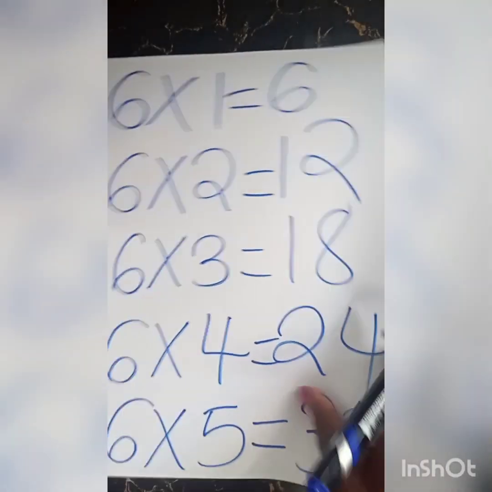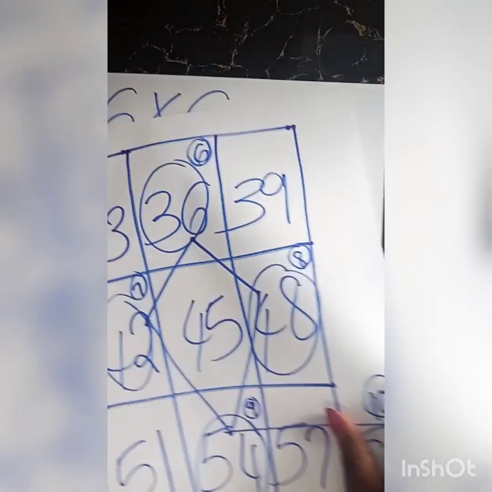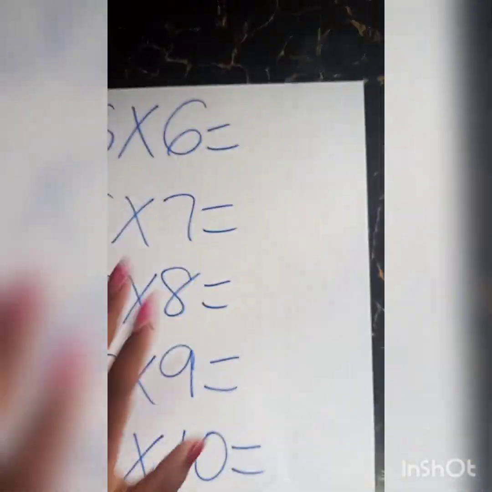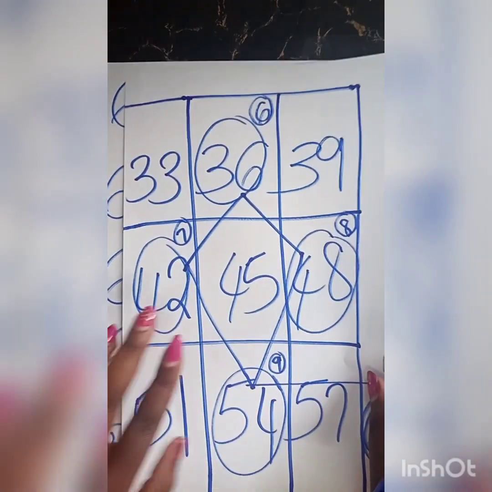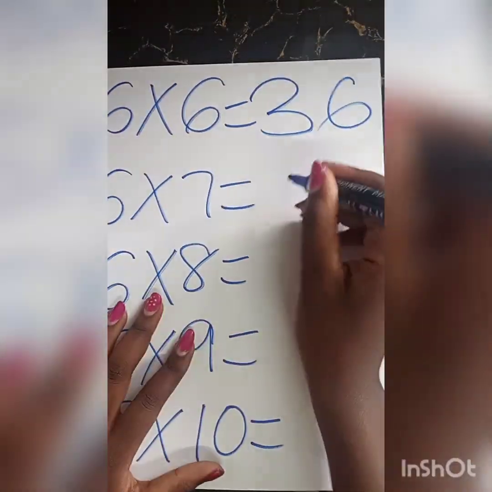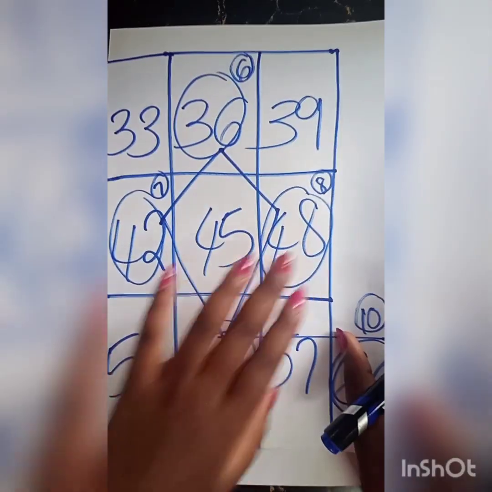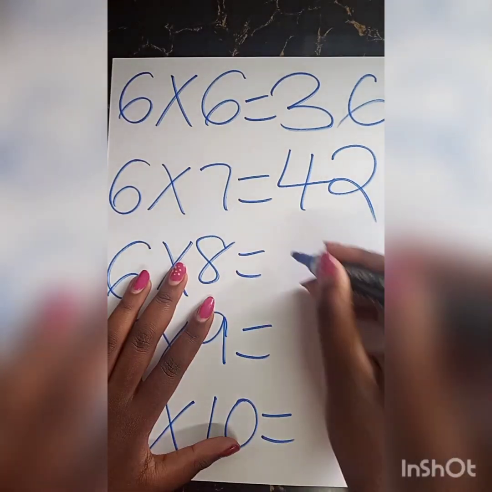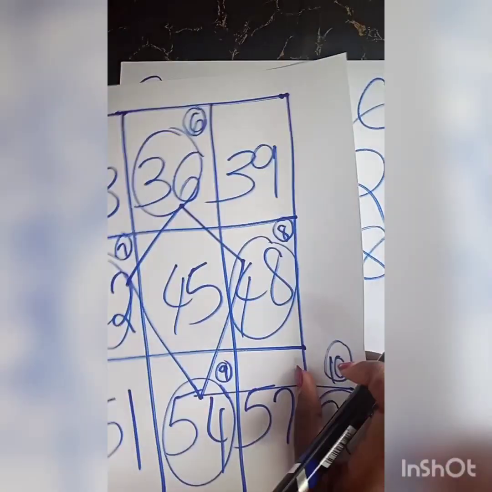Are we following? 6 times 6 is 36. 6 times 7 is 42. 6 times 8 is 48. Okay? So this is the order we are following.